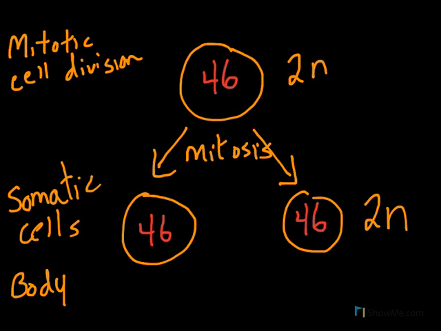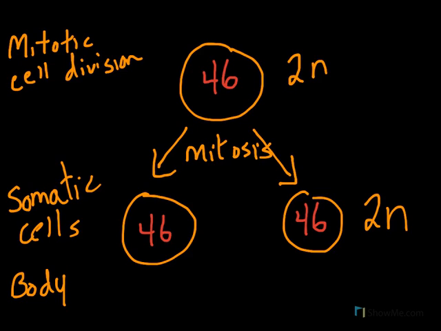Well, now we have to look at how the cells do that. How do they go from being one diploid cell to having two cells that are still diploid? Well, the answer is that the DNA replicates itself. And we know that replicating means to make a copy.